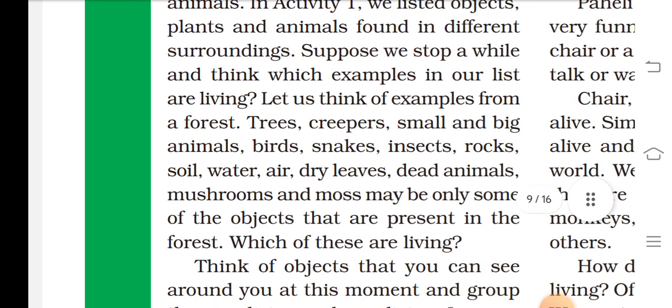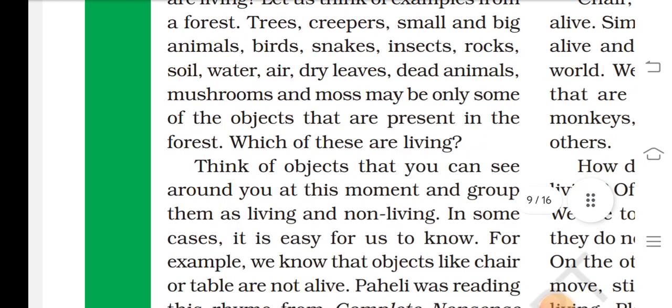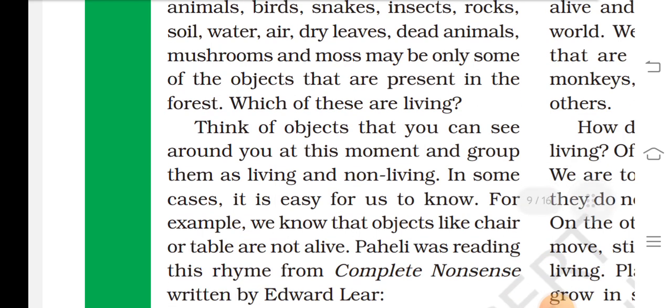Let us think of examples from a forest: trees, creepers, small and big animals, birds, snakes, insects, rocks, soil, water, air, dry leaves, dead animals, mushroom, moss, maybe only some of the objects that are present in the forest. Which of these are living?